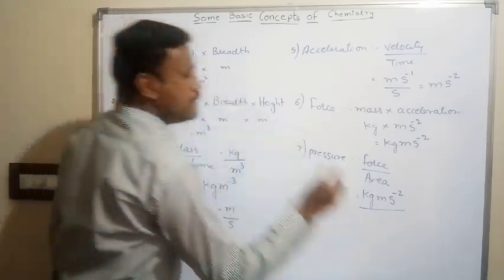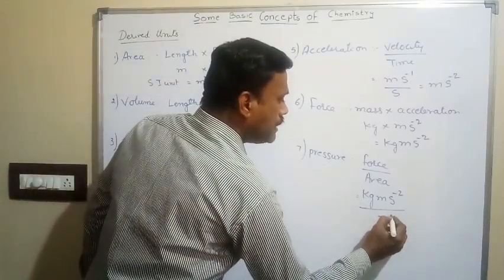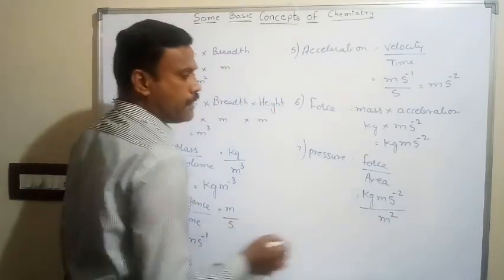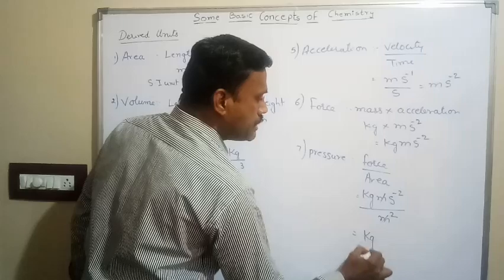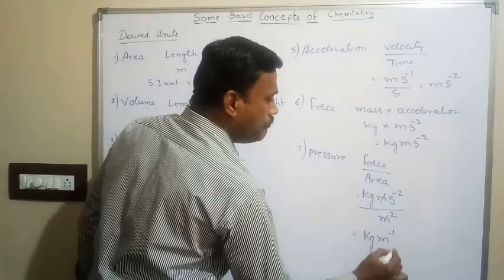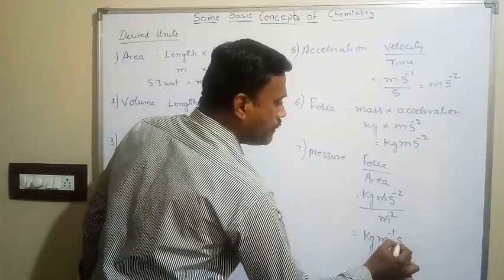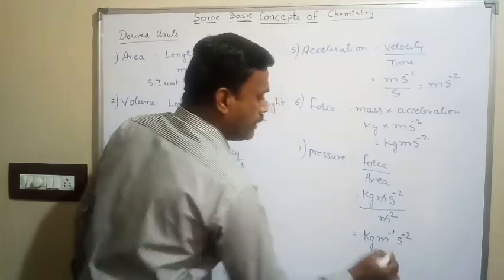The SI unit of area is meter square. So a meter cancels. So that is kg per meter per second square.